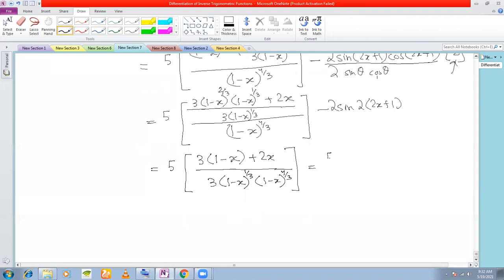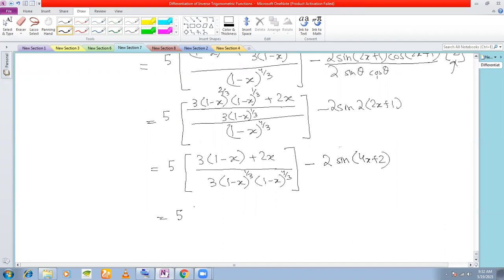which is equal to 5 times 3 minus 3x plus 2x, divided by thrice, and here if you add up the powers, you're going to get... Sorry, again I forgot to write the second part, minus twice sine(4x plus 2).